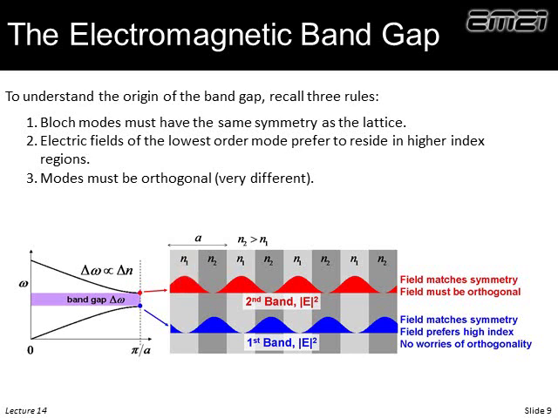So we have two waves that have the same period but different refractive indices. How on earth do we reconcile that? The only way to reconcile that is if they are also different frequencies. So that is why we have a band gap. There has to be a difference in frequency here in order for these to have the same period, yet two different effective refractive indices. And that is the origin of the band gap.